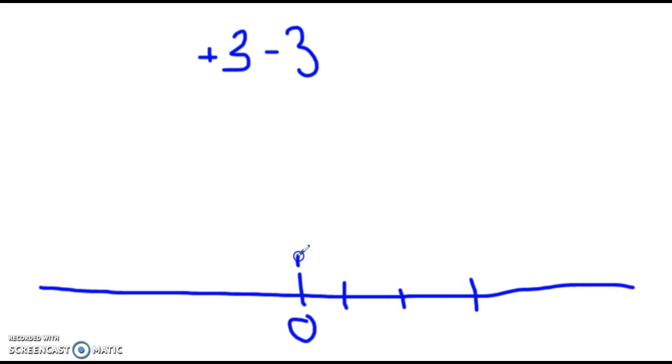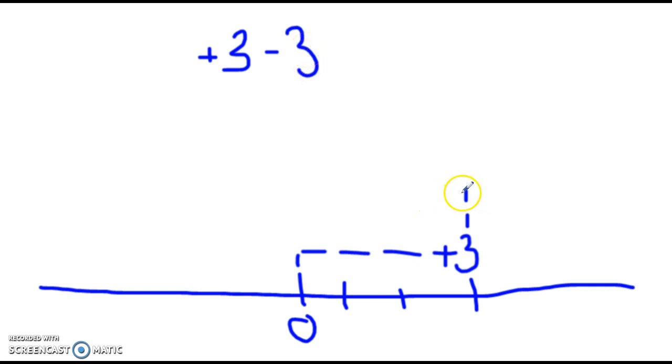To show that, from 0 I traveled 1, 2, 3 units in the positive direction. Now I'm going to make that a plus 3. Now I need to do the next part of the problem, which is going to move me minus 3.